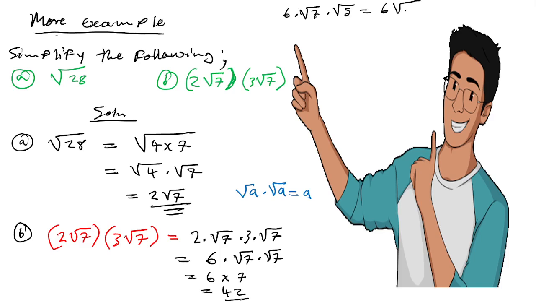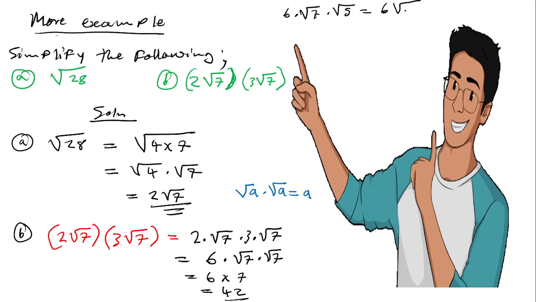Then you are multiplying square root 5 by everything. So you're going to say square root 5 open bracket square root 5 plus square root 2 close bracket. Then you get this one which is plus square root 2 open bracket square root 5 plus square root 2 close bracket.